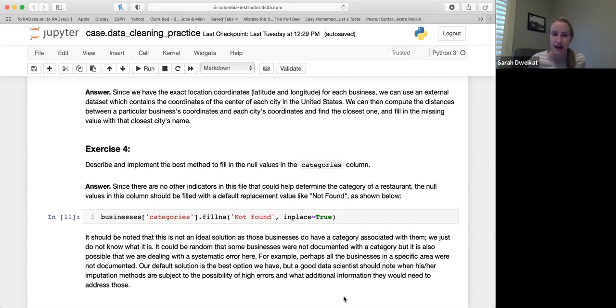So the correct answer for exercise 4 is that since we don't really have other indicators in the file that could help us determine the category, we will just put not found in for any missing values, because the name of the restaurant was a great idea, but what if we just had a restaurant that has a non-specific name? What if it's Joe's, right?